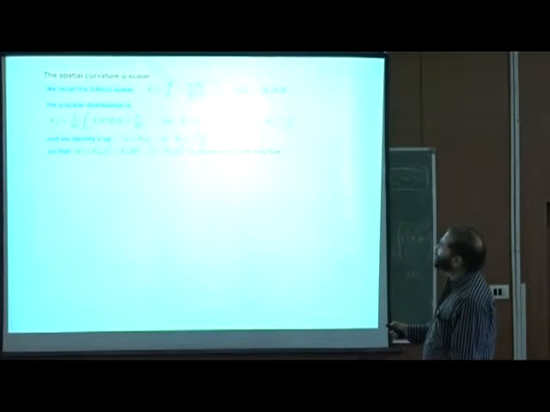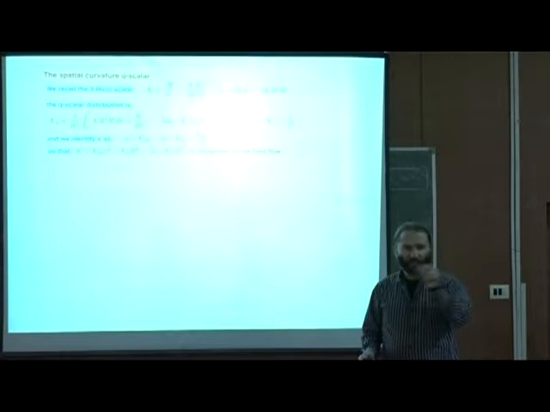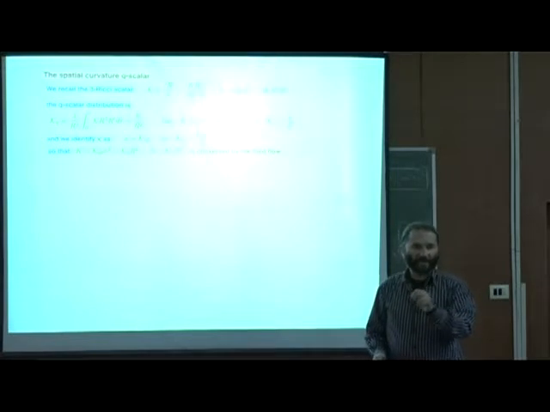Because with the proper volume, this integral will have to be divided by 1 minus k. Here, this is trivial because of the definition. If you have doubt, you should do the intermediate steps by yourself, but this is fairly simple to do, okay?